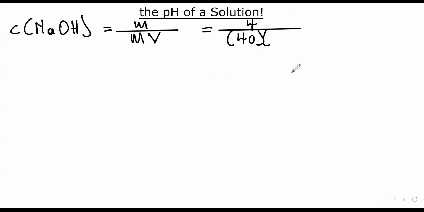The volume is given to us in cubic centimeters, so we need to convert it to cubic decimeters by dividing with 1,000. And when we do, we get 0.5. So when we say 4 divided by 40 times 0.5, we find that the concentration is simply 0.2 mole per cubic decimeter.